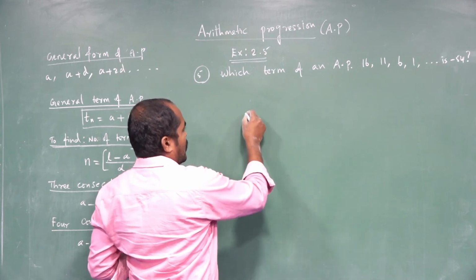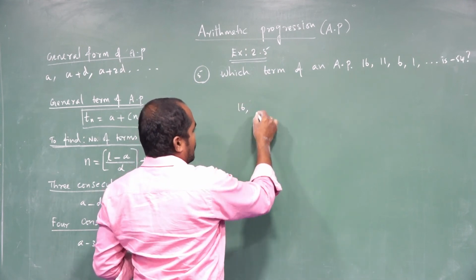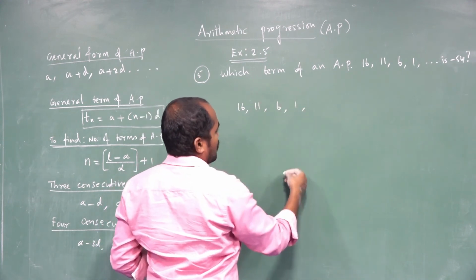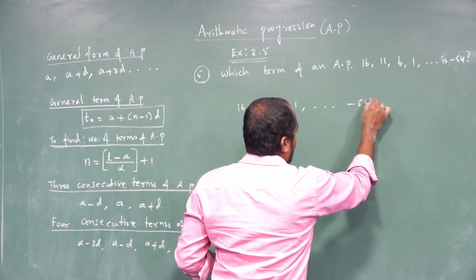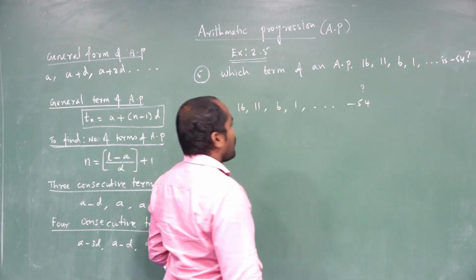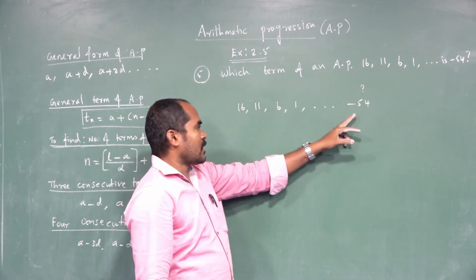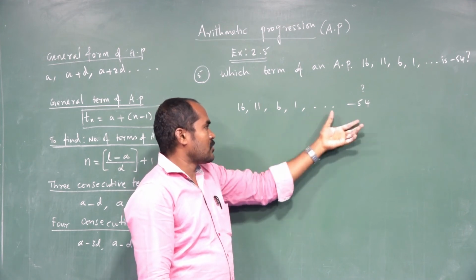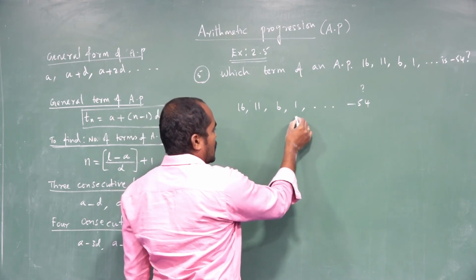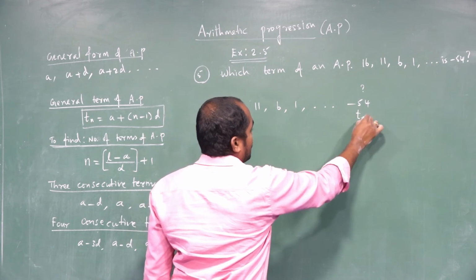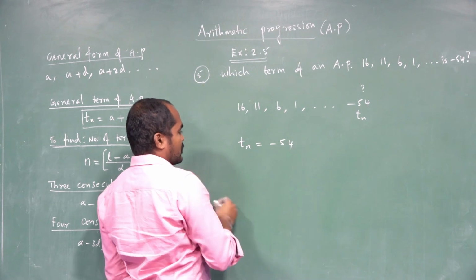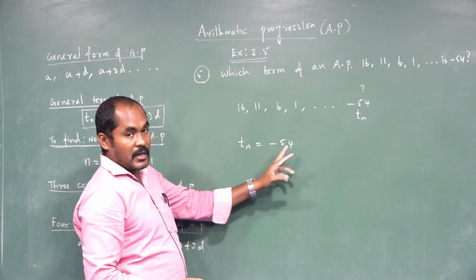The given arithmetic progression is 16 first term, 11 second term, 6 third term, 1 fourth term, etc. You want to find which term minus 54 is in the sequence. This is T1, T2, T3, T4. This is unknown, we take Tn. Let's take Tn is minus 54.